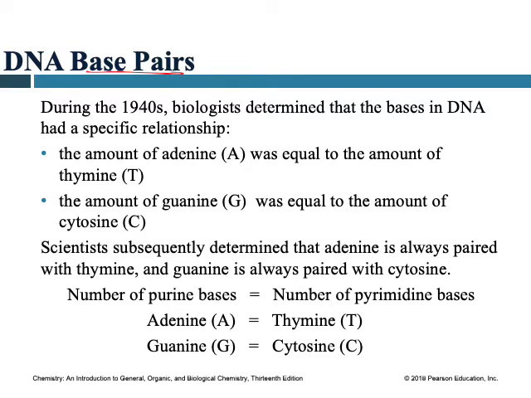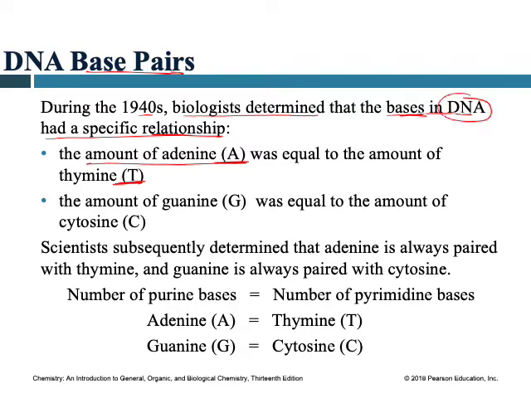Previously, during the 1940s, some biologists determined that the bases in DNA had a specific relationship. It means one base is always present in an amount equal to another base. What does it mean? They found out that the amount of adenine was equal to the amount of thymine in the DNA.